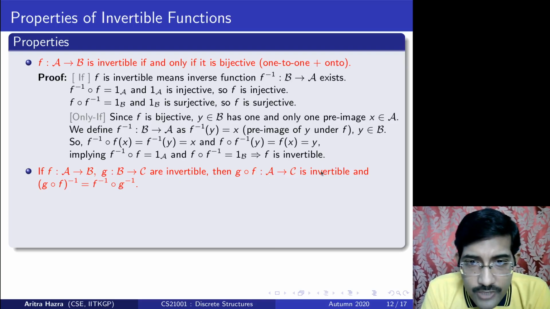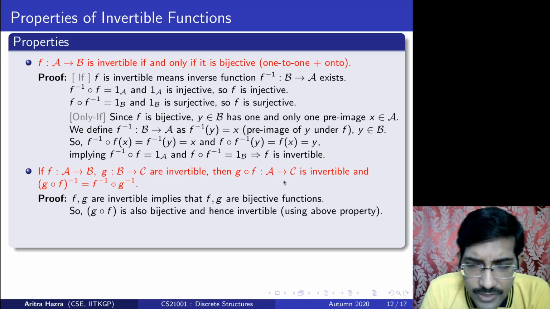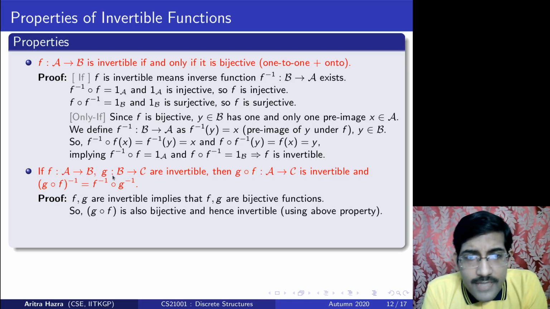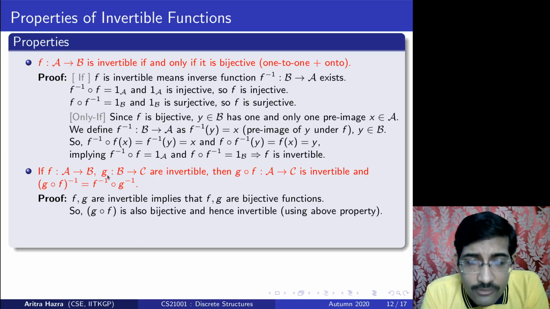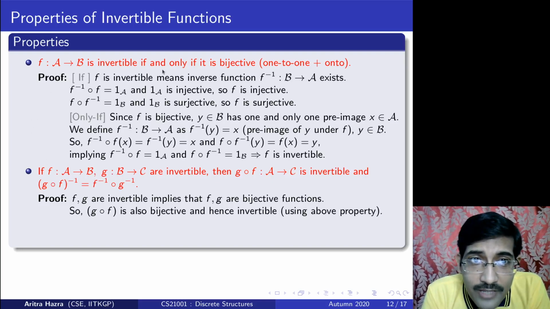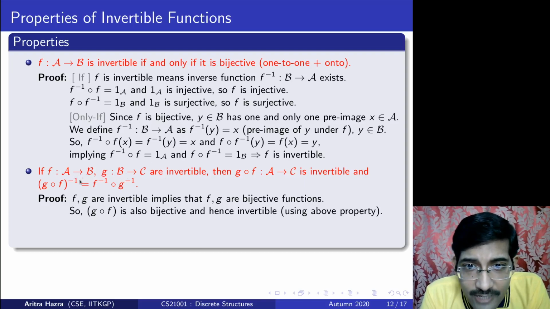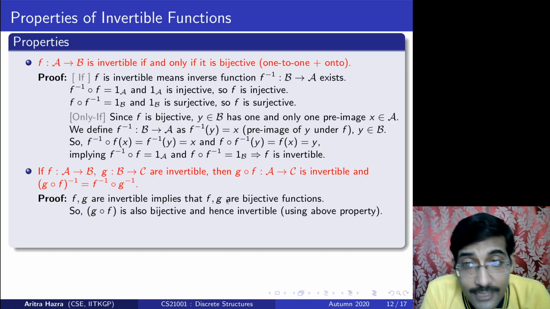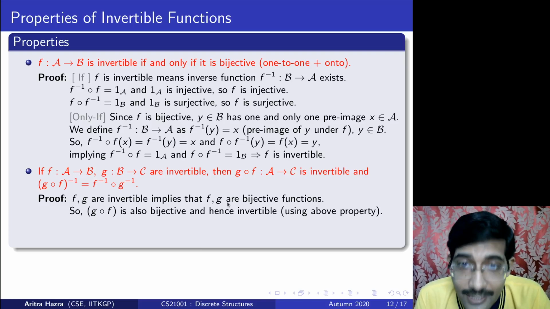Let us first prove that this is invertible, which is pretty straightforward. Because f and g are invertible, f and g are bijective functions, as proven by the if and only if theorem. Now if f and g are bijective, their composition is also bijective; we have proven in the earlier class that the composition of two bijective functions is bijective.